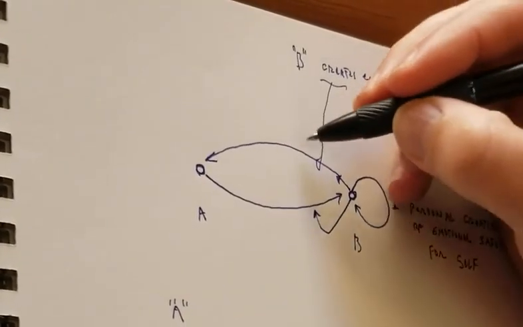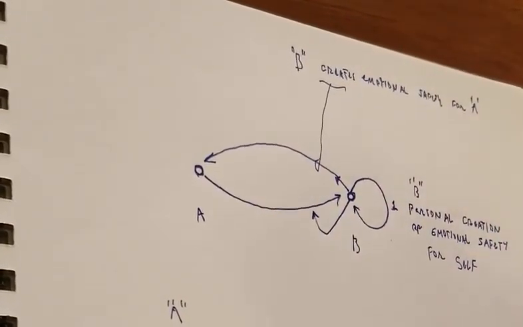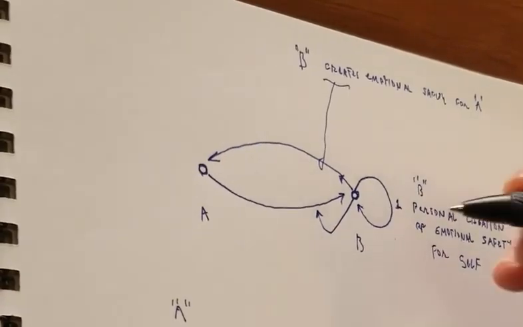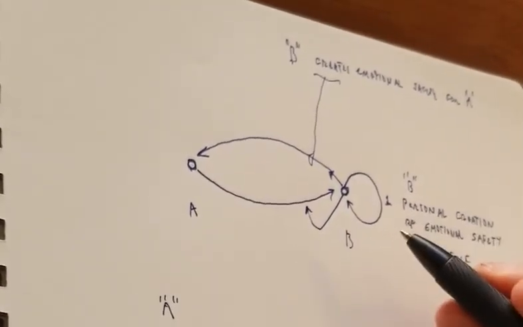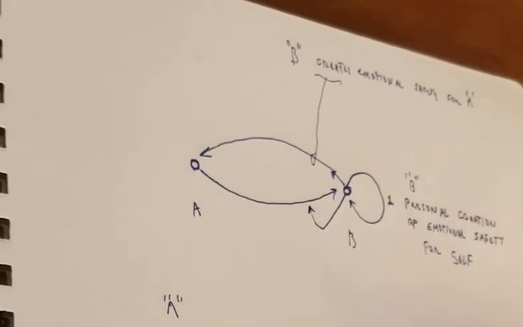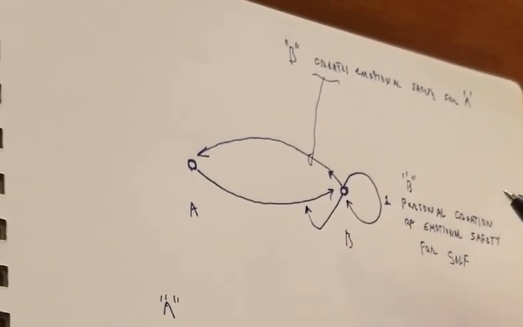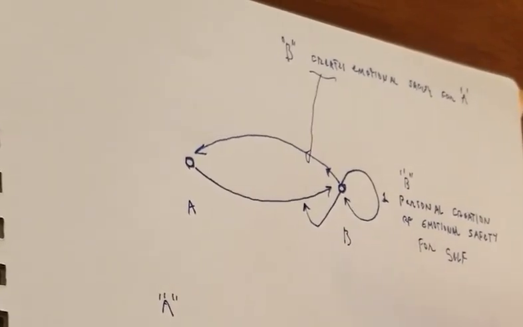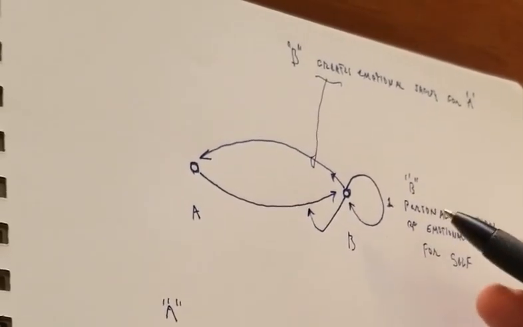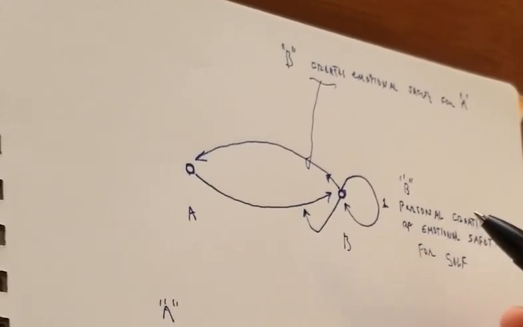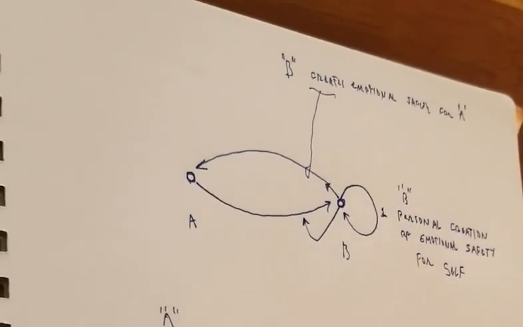So there's essentially a next action, which is that if A is creating emotional safety for B, but B isn't feeling emotionally safe, even in the presence of actual emotional safety being created for B, then there's a separate action that's needed.